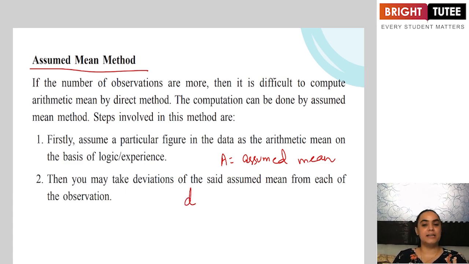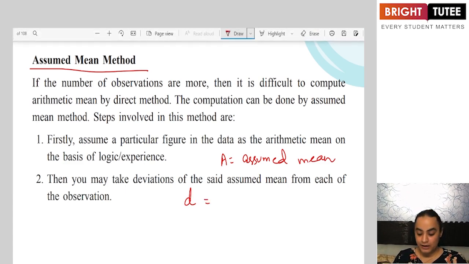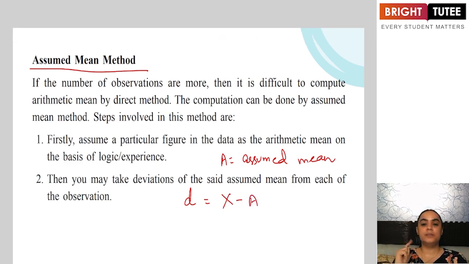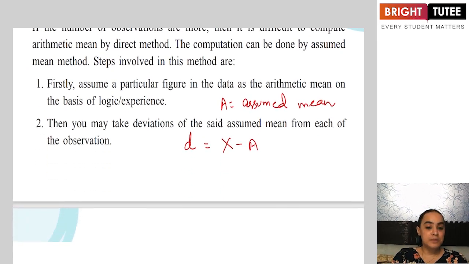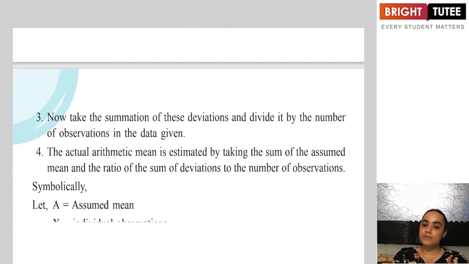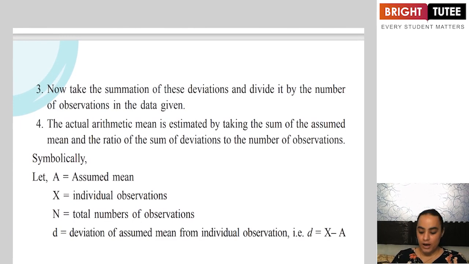Deviation is represented by d. From each number of x, I am going to subtract my assumed mean, which will give me my deviation. Now I am going to calculate the sum of my deviations.